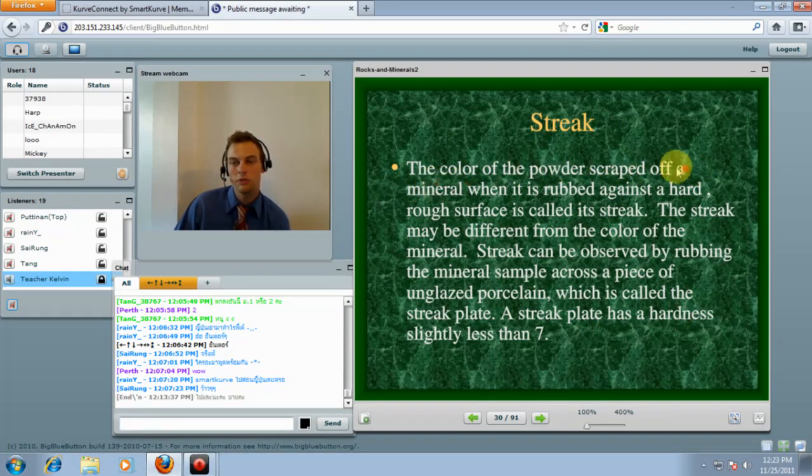So yeah, we talked about this with fool's gold or pyrite. The color of the powder scraped off the mineral when it is rubbed against a hard, rough surface is called a streak. So this is kind of the little breakdown particles of the rock. Generally, you need to streak something against a harder surface than the rock, so that way the rock is what's left behind, not a cut in whatever you're scratching it against.